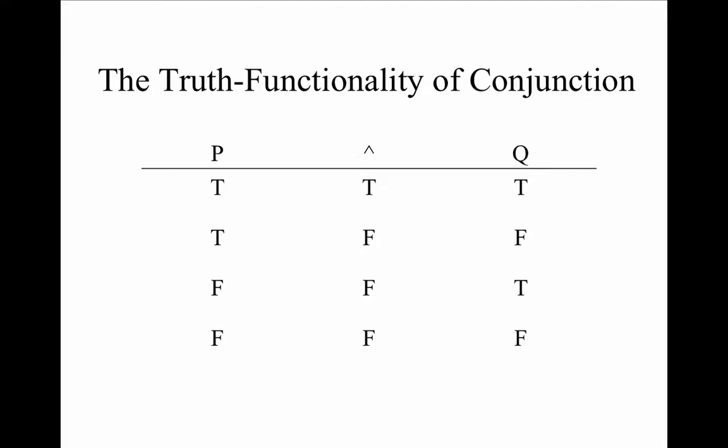Notice also that there are 4 rows rather than, as with negation, 2 rows that reflect the definitions for conjunction. Why is that? Well, it's because rather than there being simply one sentence that's therefore either true or false, there are 2 sentences that are true or false, which means there are 4 possible permutations of truth values.